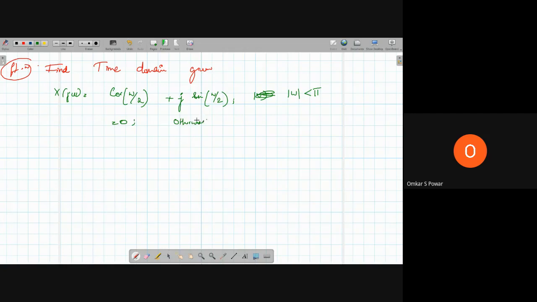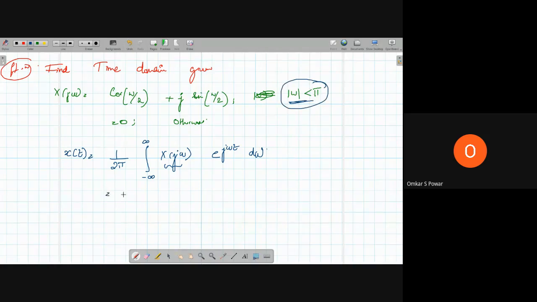So how do you want to solve? What is the procedure or steps you have to follow while solving the problem? So we have x of t is equal to 1 by 2 pi integral minus infinity to infinity x of j omega e power j omega t into d omega. Okay. Now they have given you x of omega and it varies from minus pi to pi because modulus of omega is less than pi here.